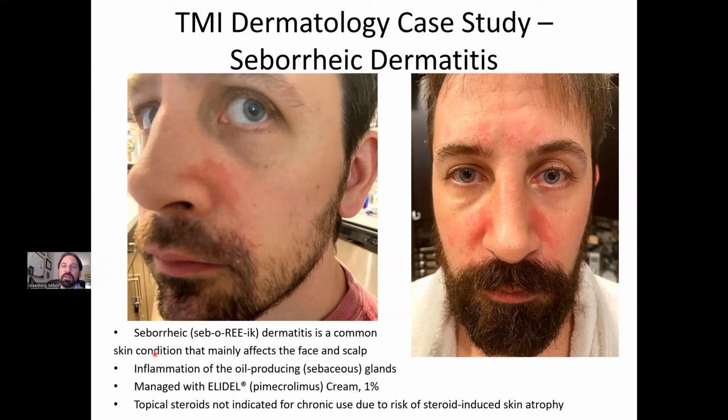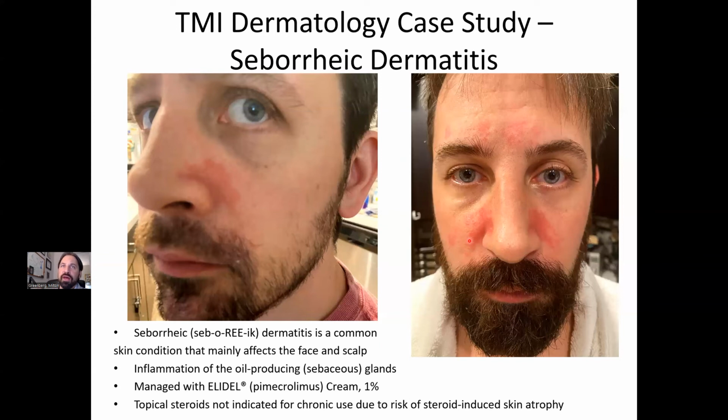Essentially, I couldn't interact with dermatologists because all the derm clinics were closed, and it was a months-long wait to get seen. And so I developed an inflammatory skin condition called seborrheic dermatitis. This is a common skin condition that mainly affects the face and the scalp. The sebaceous glands are located on this area of the face, and they make a lot of the oils. This mask wearing triggered something in my skin immune system.